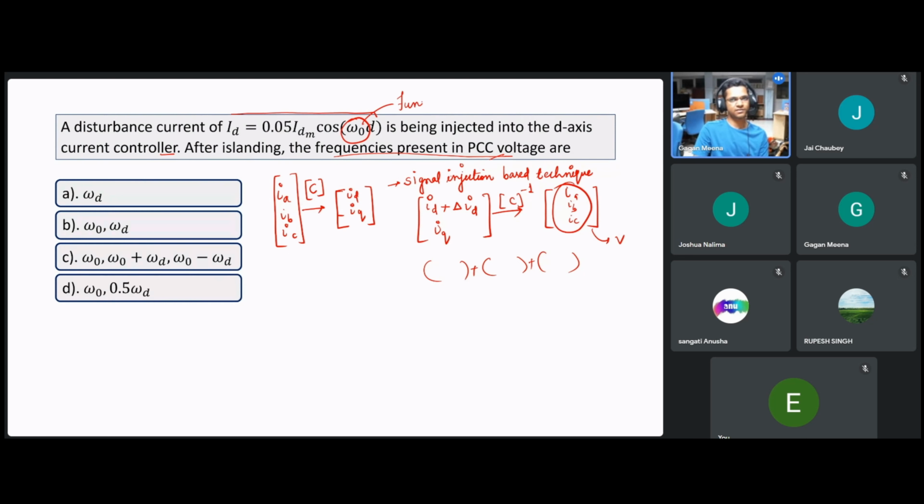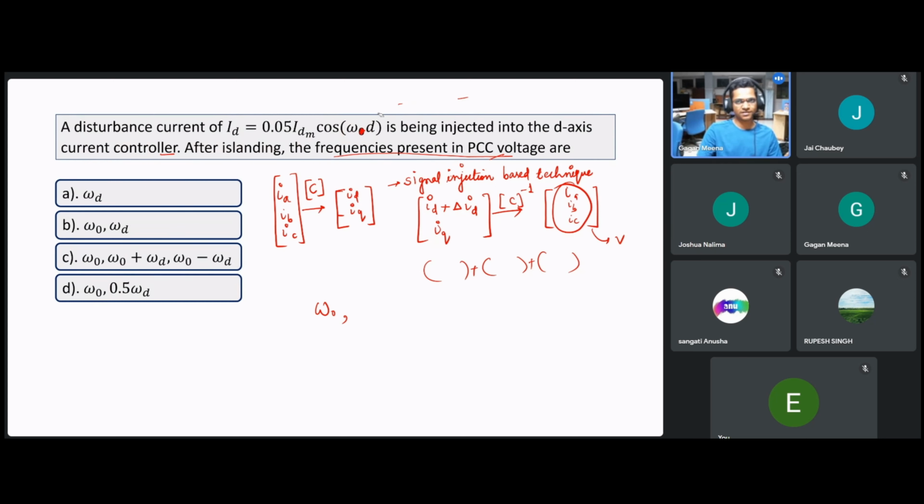So omega naught is already there. This is the fundamental component. And we are adding some disturbance also. Because of the disturbance, what will happen? There will be a fundamental component plus some components because of this disturbance.